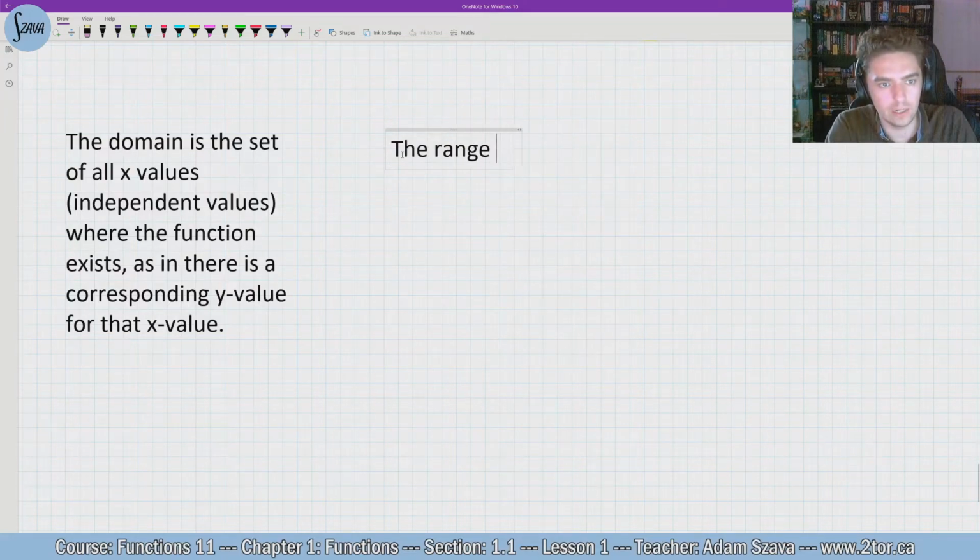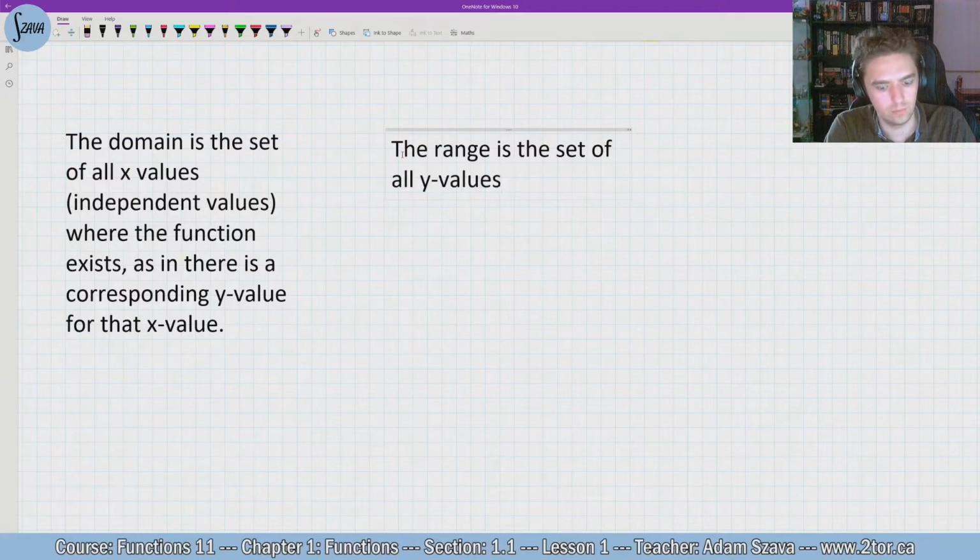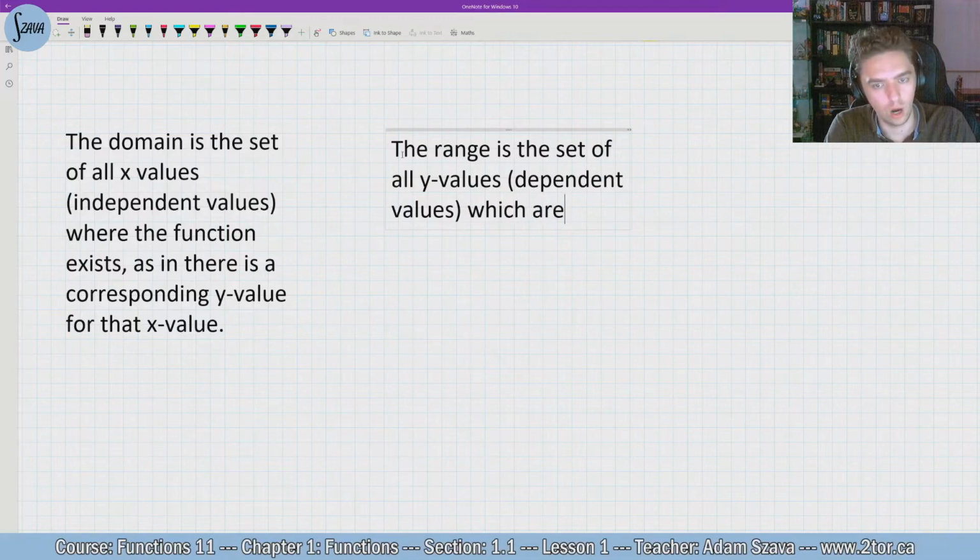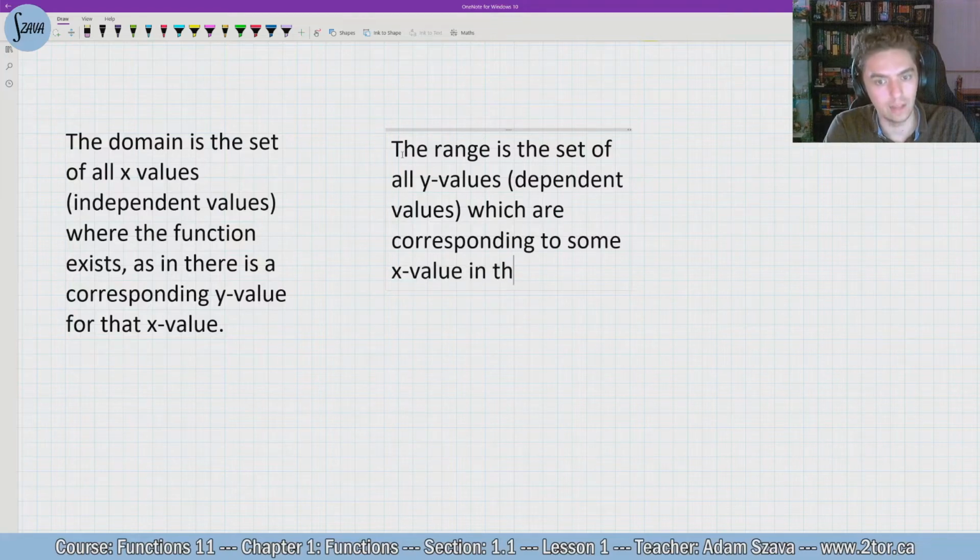The range is the set of all y values, as in dependent values, okay, which are corresponding to some x value in the domain.